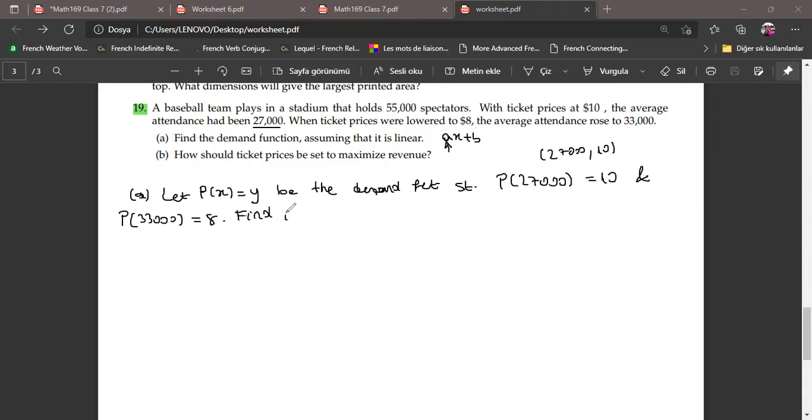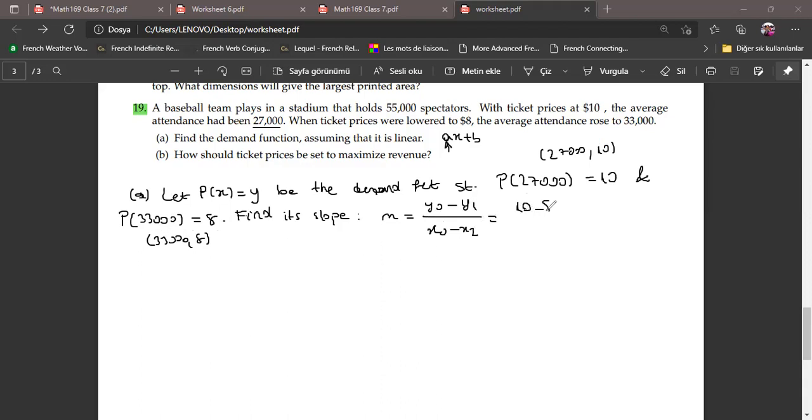How can we find this? We know 2 points on it, right? The other one is this, so we will use that. Its slope, if we have 2 points on it, is given by this. So what do we have?